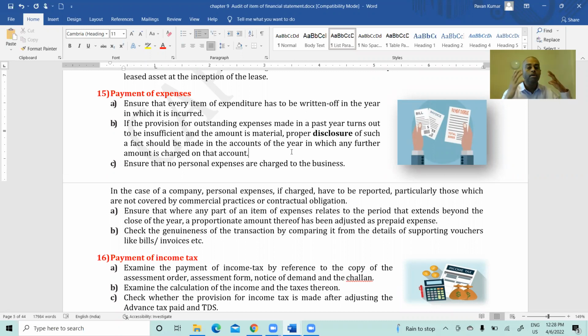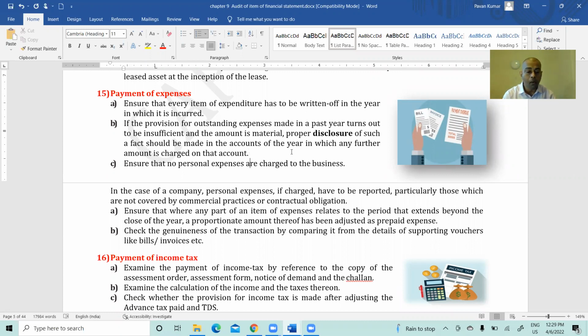P&L account debit to provision for that court case account 100. But this year you paid 125. Provision for court case account debit 100. P&L account debit 25. To bank 125 rupees paid. So for expense incurred during the current year, there was a provision created in the previous year which was inadequate. So current year you have to pay more. That should be disclosed.